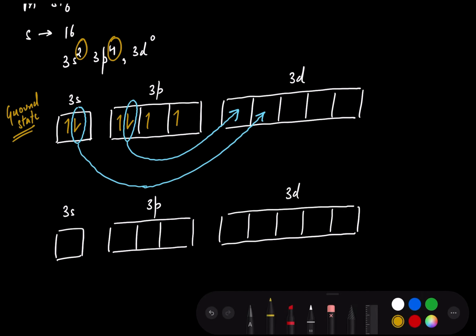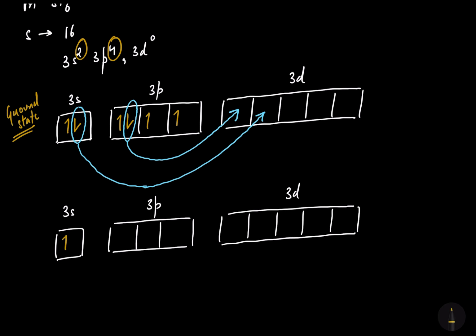Now in 3s initially we were having 2 electrons, now we are left with only 1 electron. In 3p initially we were having 4 electrons, now we are left with only 3 electrons. In 3d we were having no electrons, but now we are having 2 electrons. The one from 3p has been excited to the 3d, and one electron from 3s has been excited to the 3d. So that's our excited state.